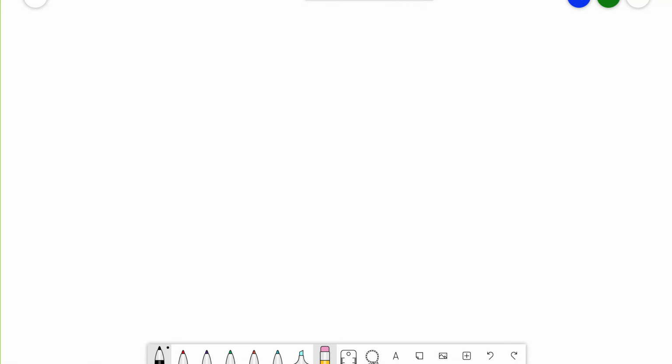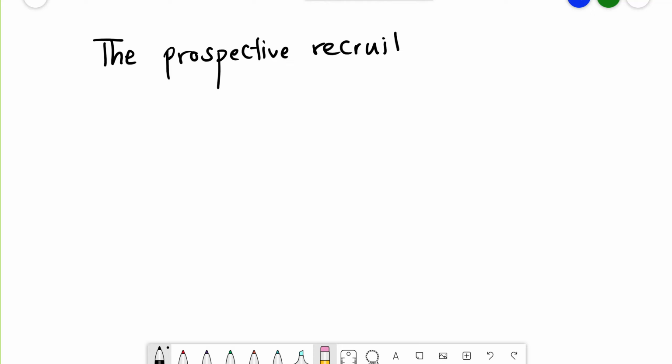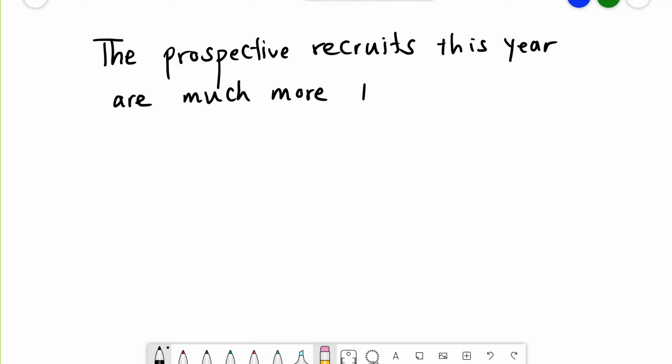What about plural? Illogical comparison. Same thing. I can give a sentence like, wait a minute. The prospective recruits, like the company is going to hire a lot of people, this year are much more than last year.